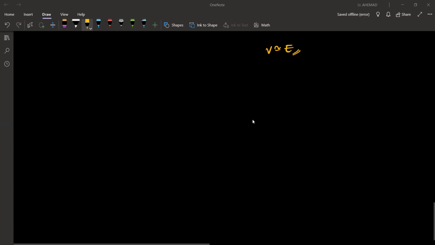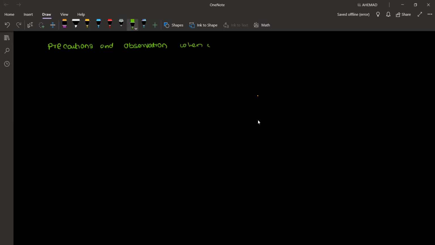So when we use the potentiometer, there are some precautions and observations that we have to make. So next subtopic, precautions and observations when using a potentiometer.